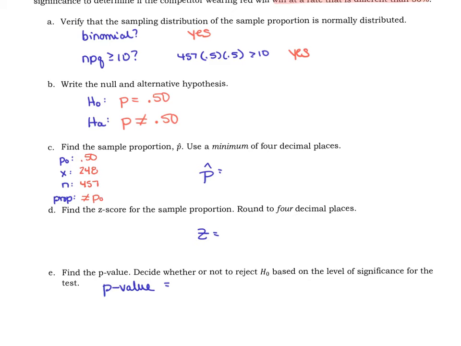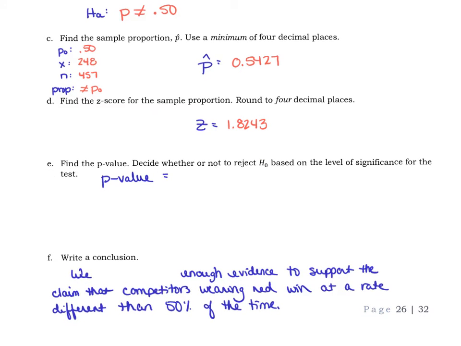So p hat, again, pulling that from the calculator, is 0.5427. Our z value is 1.8243. And the p value, rounding to 4 decimal places, is 0.0682. So what should we do?